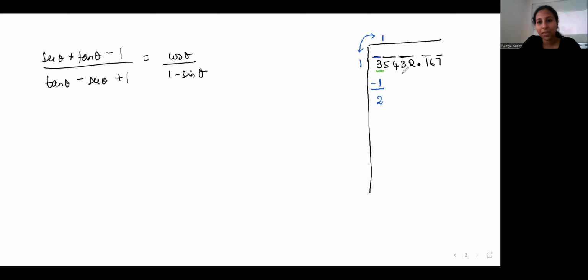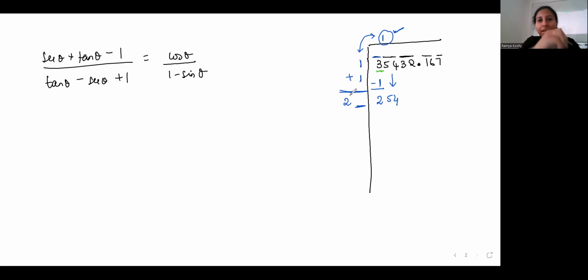Now you bring down the next pair together, 54. Whatever digit you put here, keep the same here and add. I have put 1 here, so I will add 1 over here. Now I will leave space for 1 digit over here, Hannah, and put the sum over here, 2.